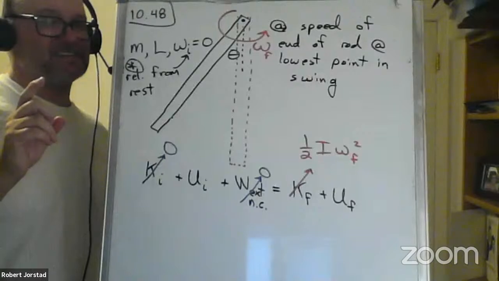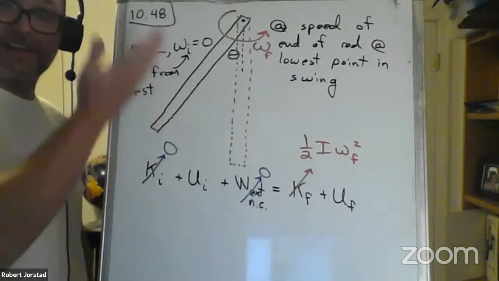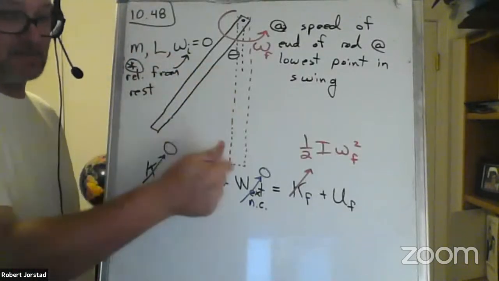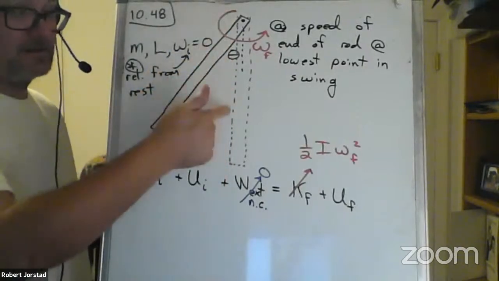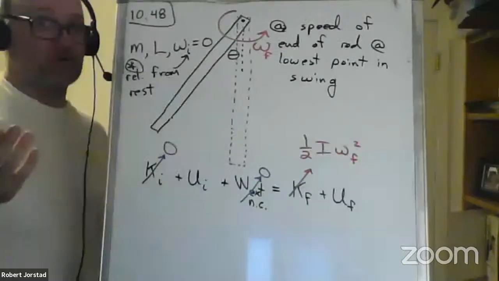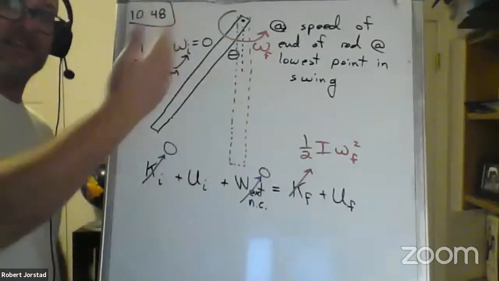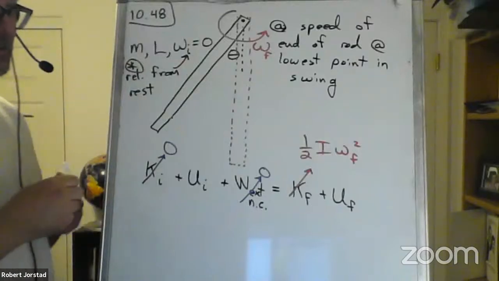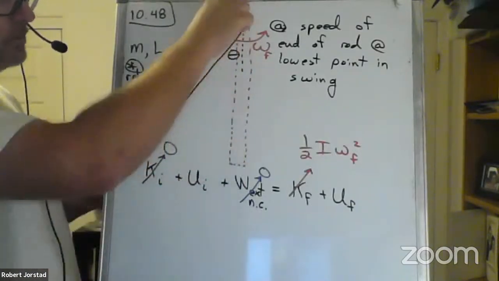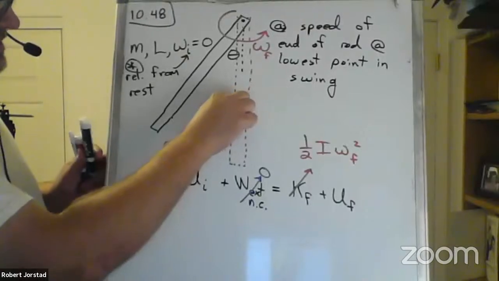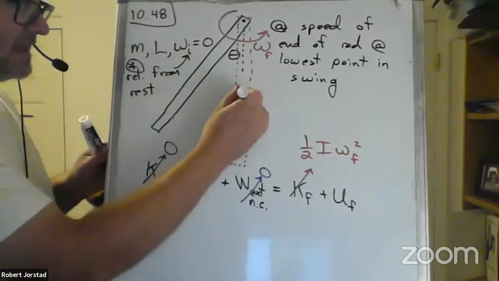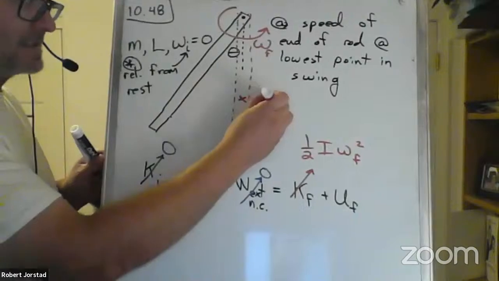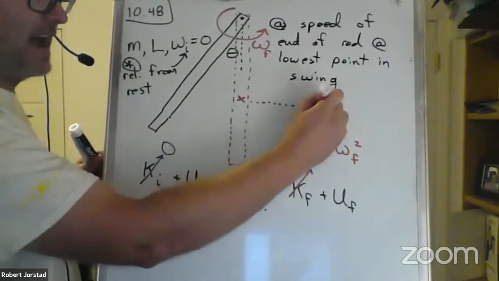Okay. Where do we reference the height in a swinging motion problem? Is it at the bottom? Is it at the top? Oh, okay. So you mean the center of mass? Let's put it at the center of mass at its lowest point in the swing. This is a uniform rod, unless we are told otherwise. So I'm going to say right there, let's say this is the center of mass. Let's say that is height, center of mass equals 0.